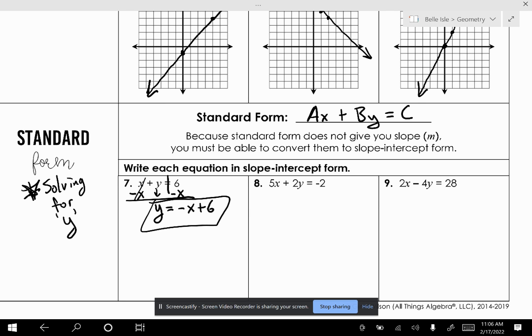What's up, Rocco? For this, do we put the number times y, like 2y, for example?